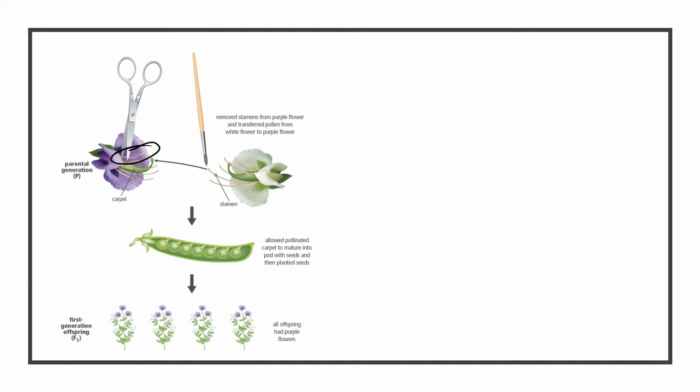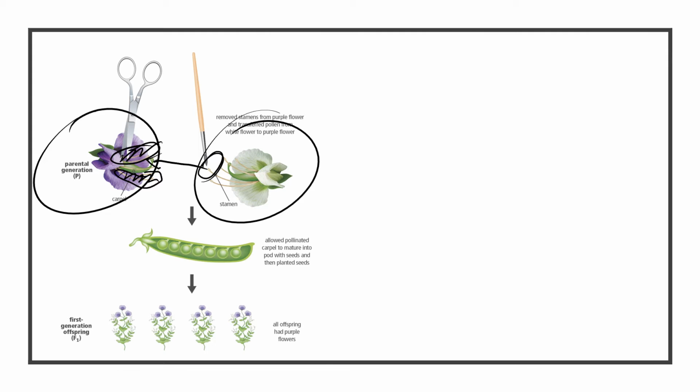So let's say he took the pollen from the white flower and he pollinated the purple flower. Meanwhile, he'd cut off the stamen of the purple flower. That way it would not self-pollinate, right? So he knows for sure that this is one parent and this is the other parent.